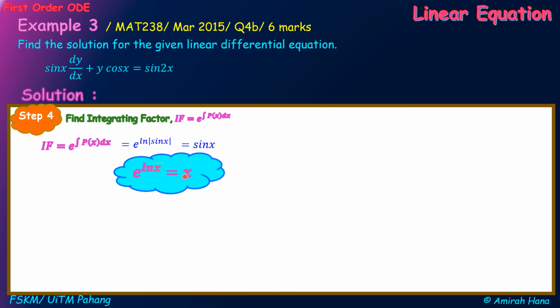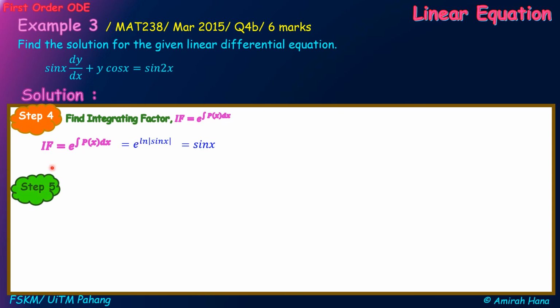But make sure that the coefficient of ln should be positive 1. So now we have the coefficient of ln equals to positive 1, so we can refer from this formula. From here we have e to the power of ln sin x, and now our x equals to sin x. So it is equals to sin x after we simplify, right? So now our IF equals to sin x.